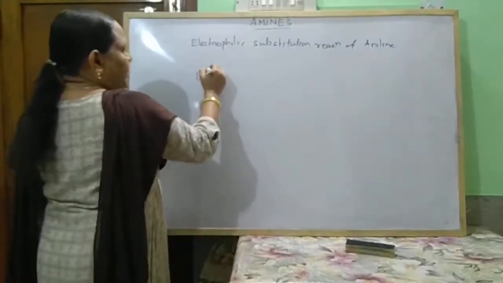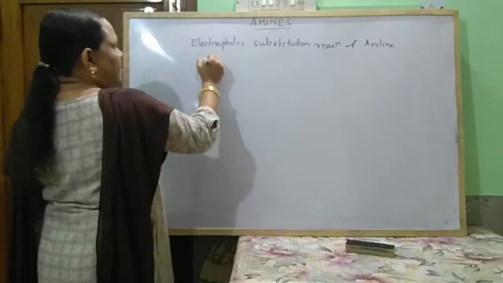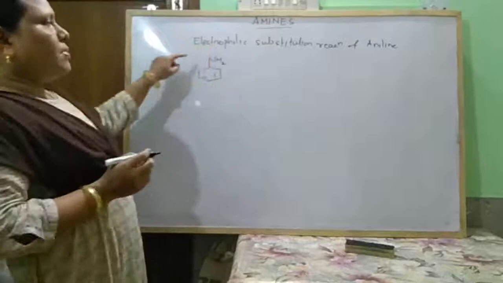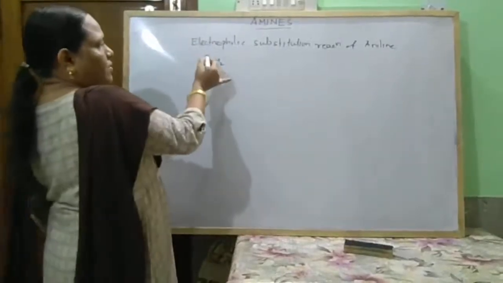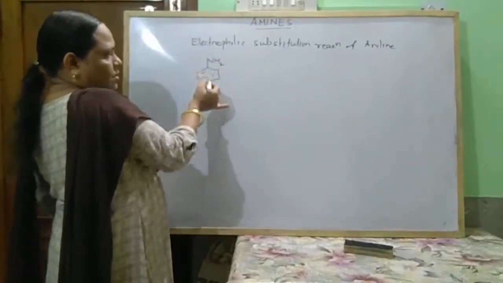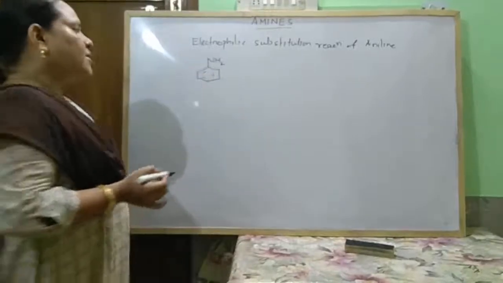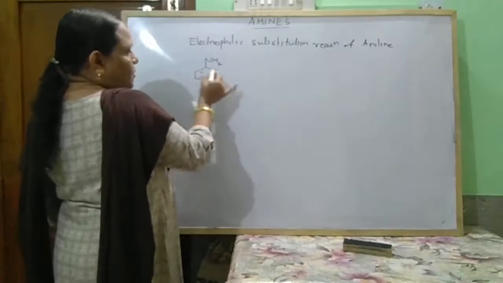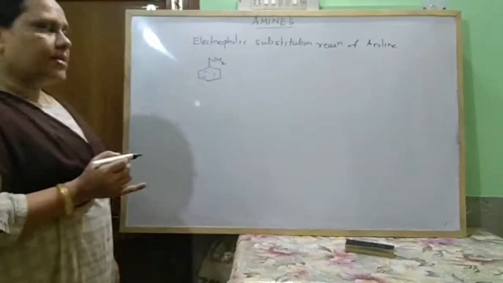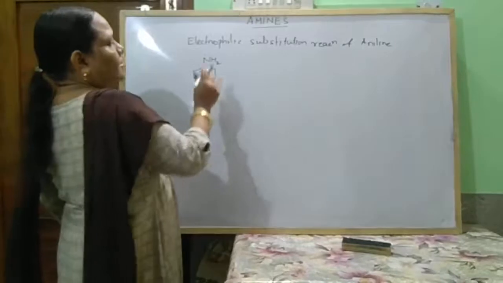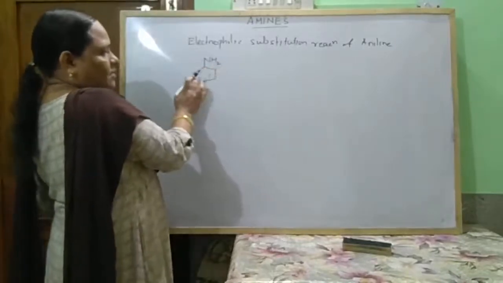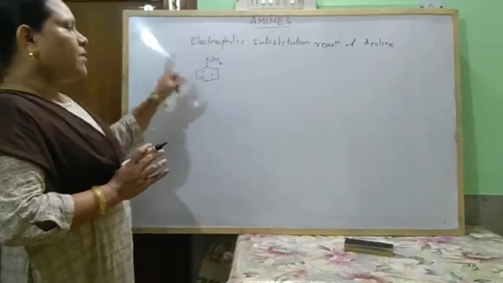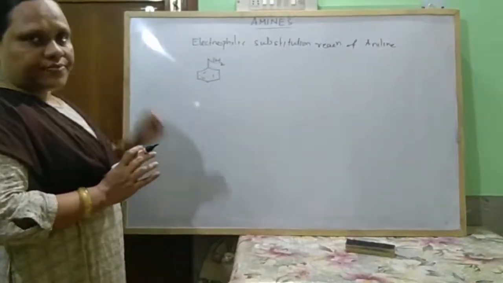So you know aniline has NH2. There is a lone pair of electrons on the nitrogen atom. When the lone pair of electrons is in conjugation with the double bond, it comes into resonance. So due to resonance, these ortho and para positions become more electron rich. In this, the electrophilic substitution reaction takes place at ortho and para positions. Already we have discussed the resonance structures of aniline.